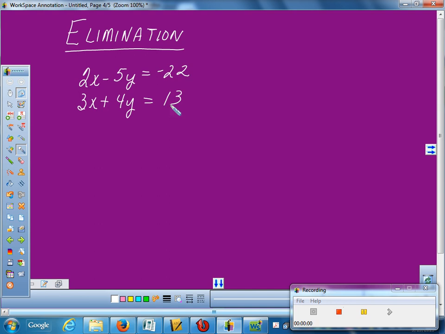X's? Okay. So what's a number in common to 2 and 3? 6. Okay, but we want one of them to become a positive 6 and one of them to become a negative 6 so that they add up to 0. So I'll take the top one times a positive 3 and the bottom one times a negative 2, so that way the x's will add up to 6x and negative 6x.